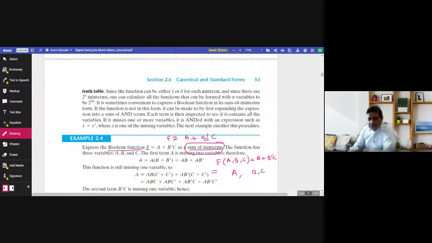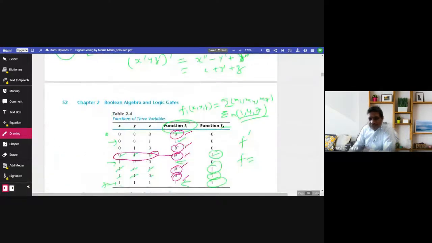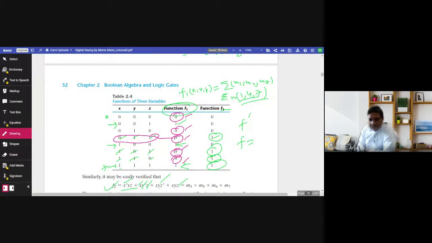So you see here in the table, whenever we are writing a function, any function output, say f1 or f2, it consists of all variables, isn't it? Wherever logic 1 is there in f1 or f2, if we want to write its function, it consists of all three variables.